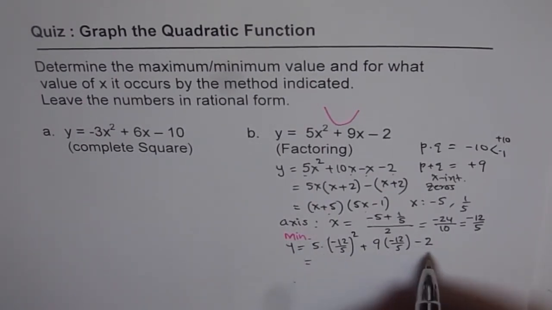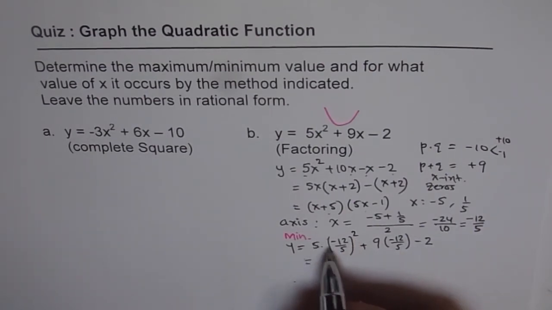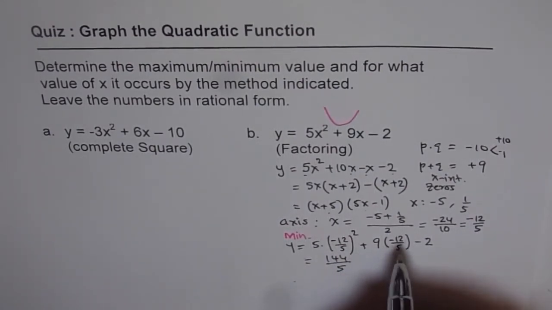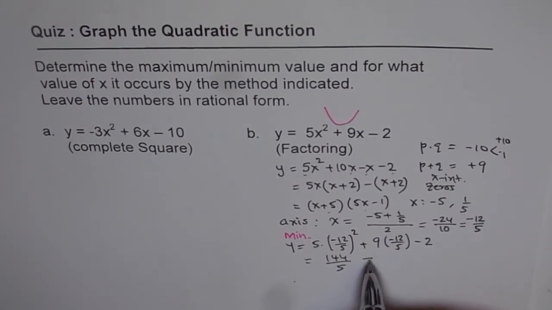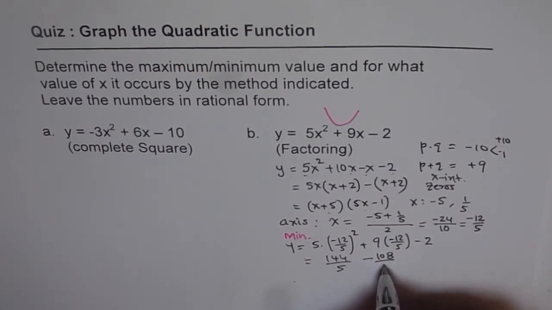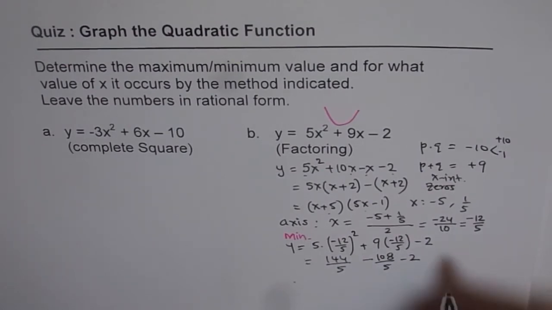Now you need to calculate this out to get your answer, right? So I think you can do this calculation and write down your answer. First you do the square, then divide by 5 to get 5 in the denominator, right? Plus times minus will be negative, and you can multiply the numbers.